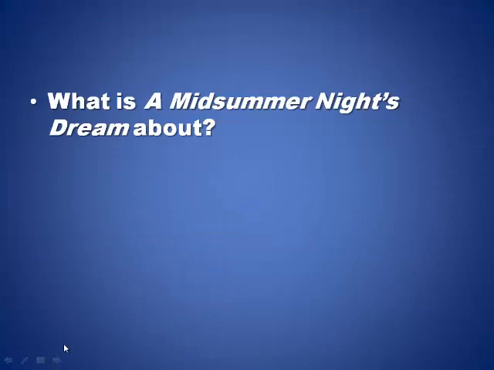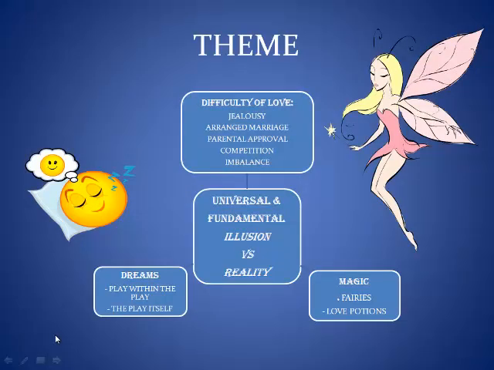What's this play about? In order to understand what the play is, first we need to discuss the theme of the play. After reading the play, you can trace out the theme, and classify the main theme and the sub-themes. Here, the main theme, of course, is universal and fundamental ideas in a work of literature, which includes the difficulty of love.